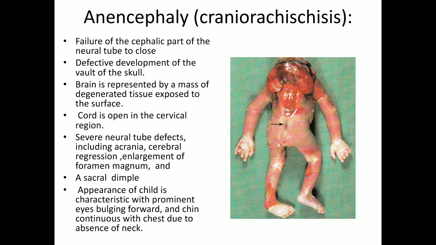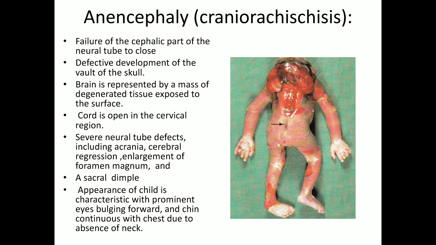Now anencephaly, or cranioschisis. We have discussed that the anterior neuropore will close at around the middle of the fourth week. If there is failure of fusion of the cephalic part of the neural tube, that will lead to cranioschisis or anencephaly.